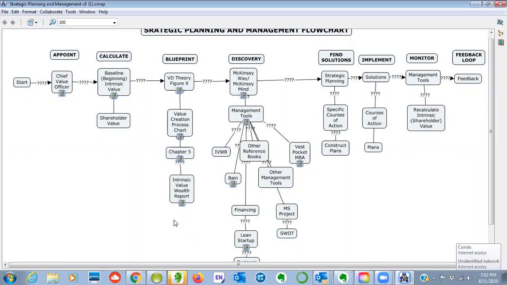And then I put in here MS Project, which is Microsoft Project. Has anyone used Microsoft Project before? I don't have it on this computer, so I would show you, but it's like Excel or Word.